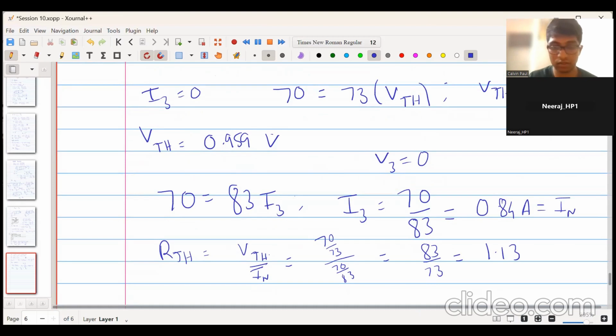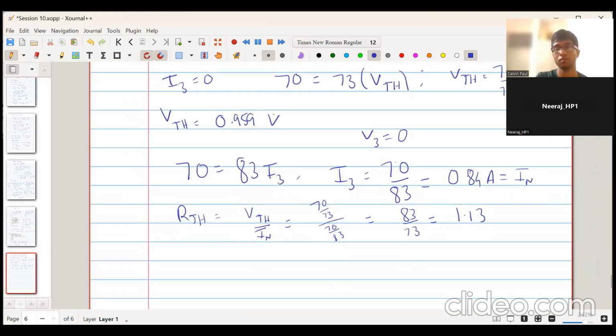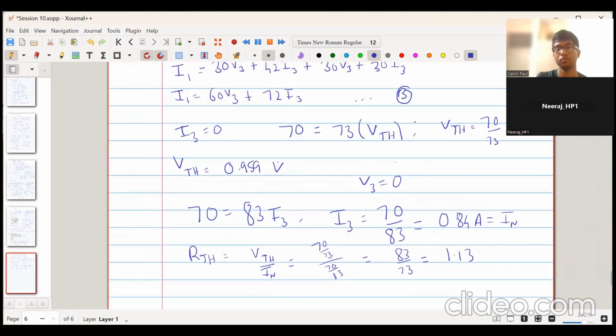So, any doubts in this sum? Okay, so I'll continue. This will be in ohms.